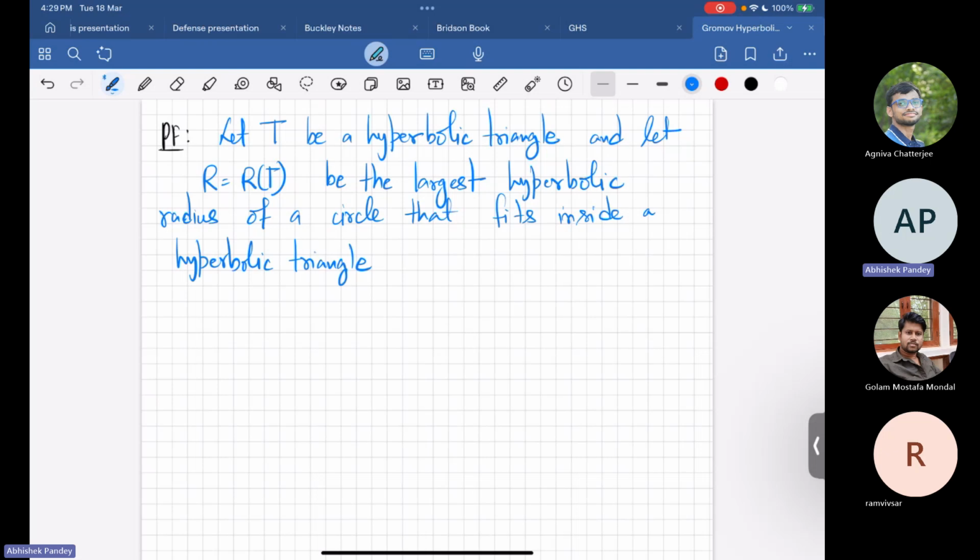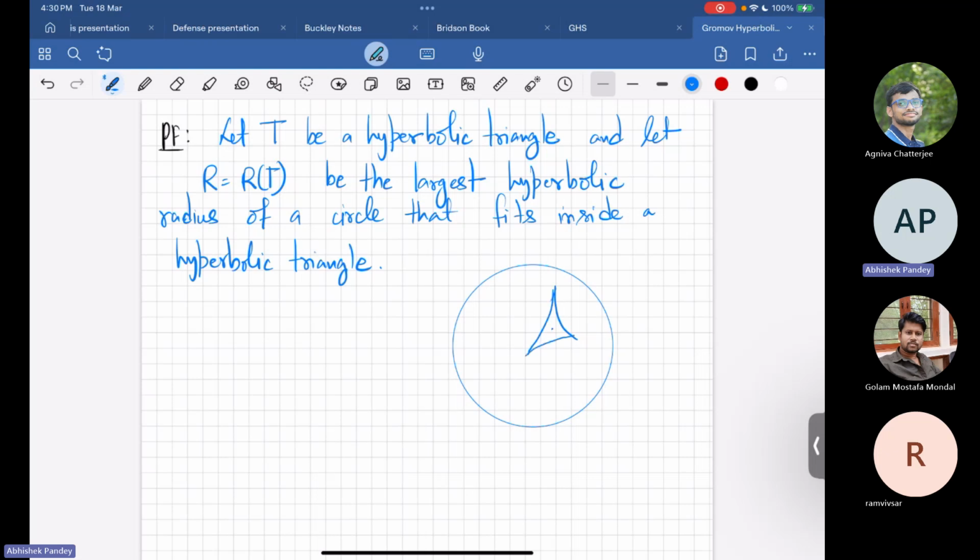Let us see, we have this disk model, and we are taking a geodesic triangle in it, something like this.